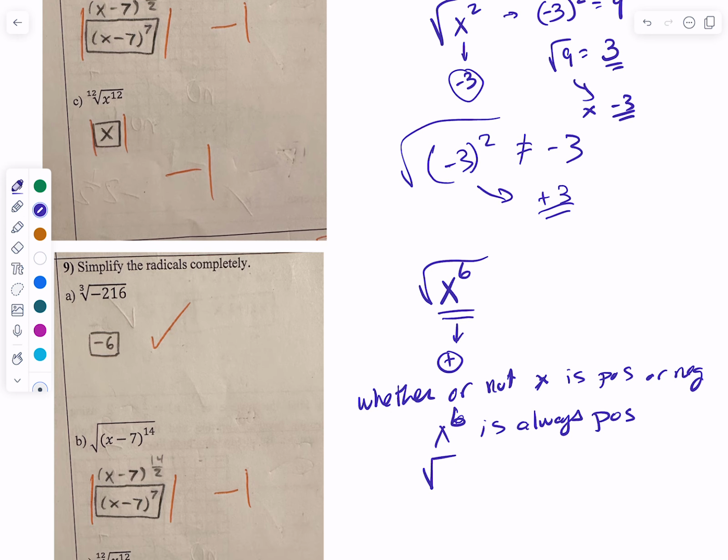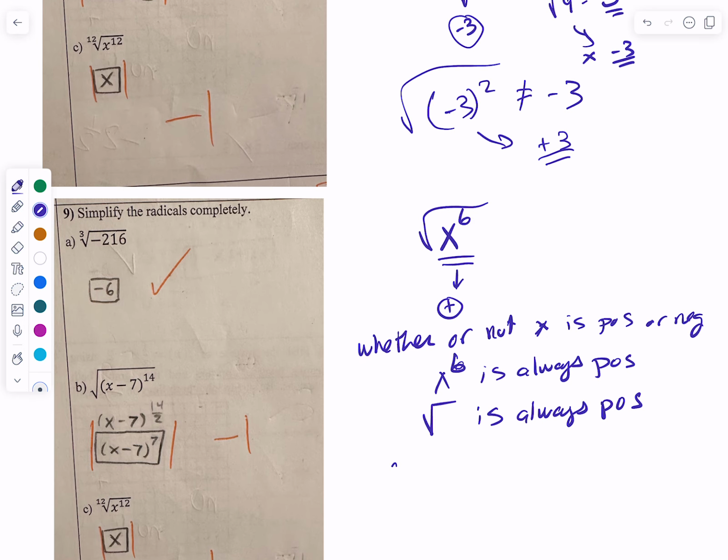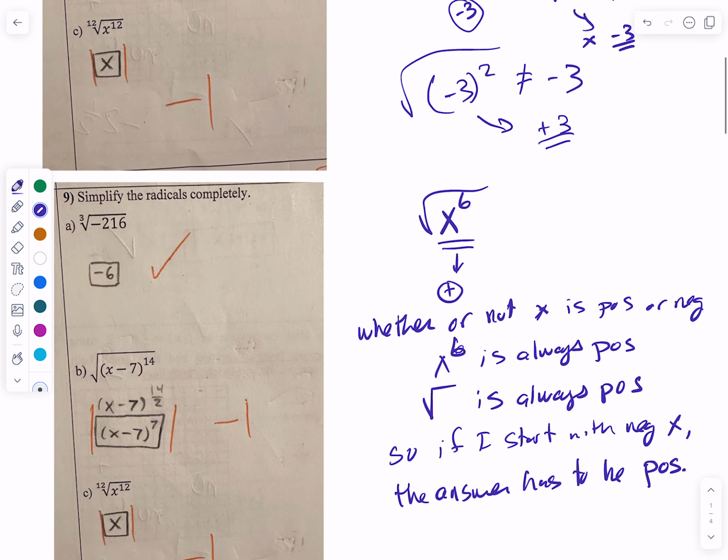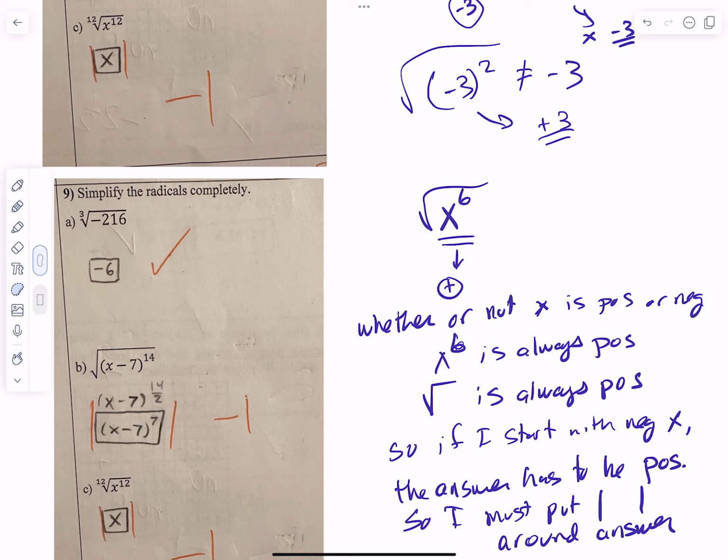The square root is always positive. So if I start with a negative x, the answer has to be positive, so I must put absolute value around the answer. I think that explains it a little better.